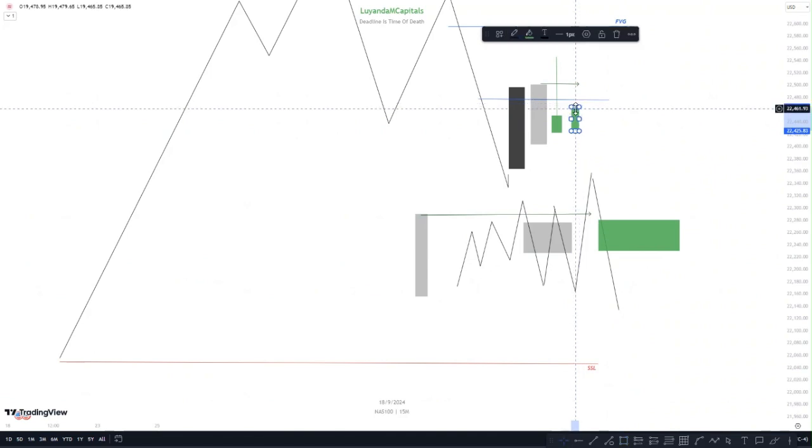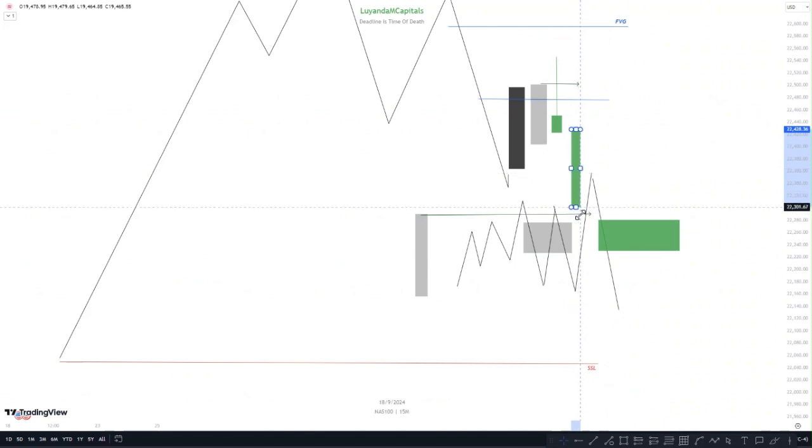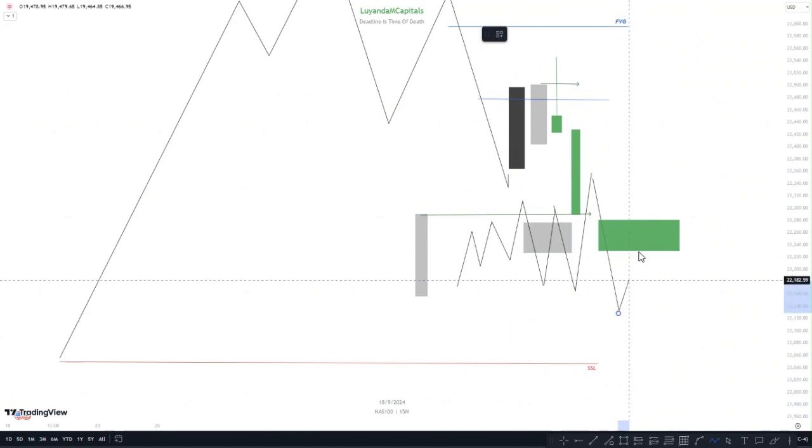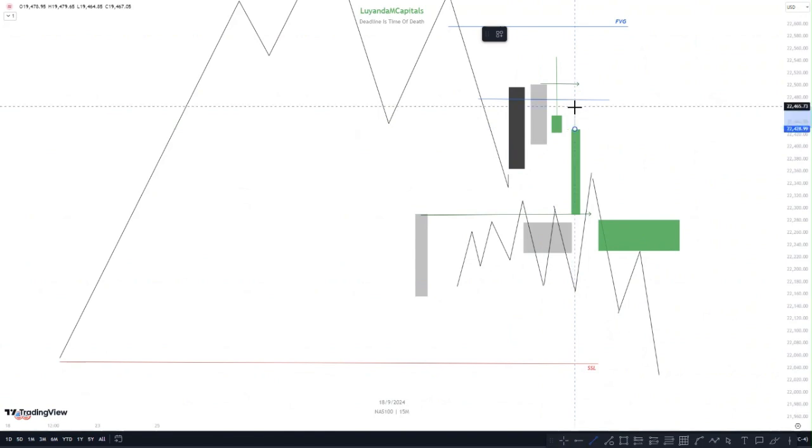Then it goes higher, mitigates this fair value gap on the 5 minutes, on the 1 minute, and then goes lower, taking out this sell side and targeting these sell sides, right? Like this. See? Then it goes high, low, and leaves behind this wick. If you look at the chart, price moves much the same way, right?